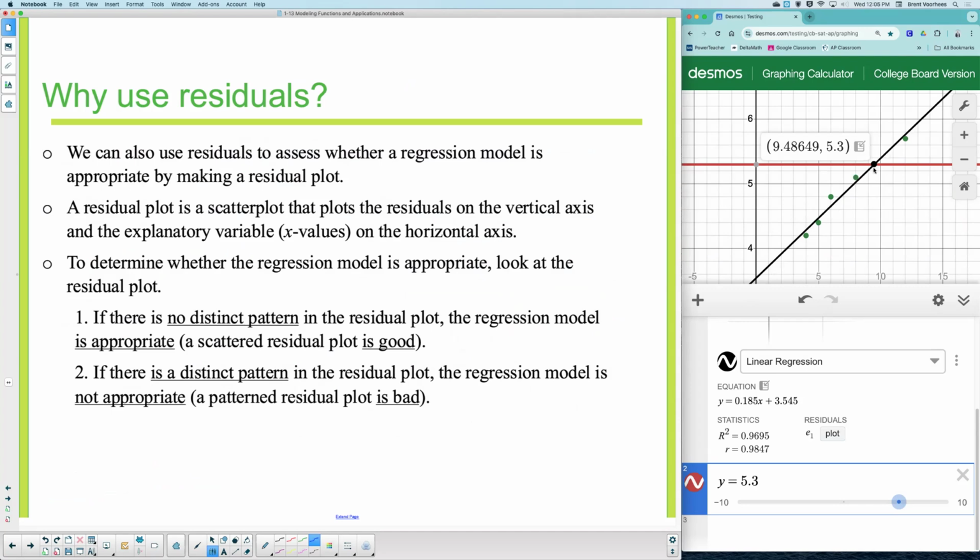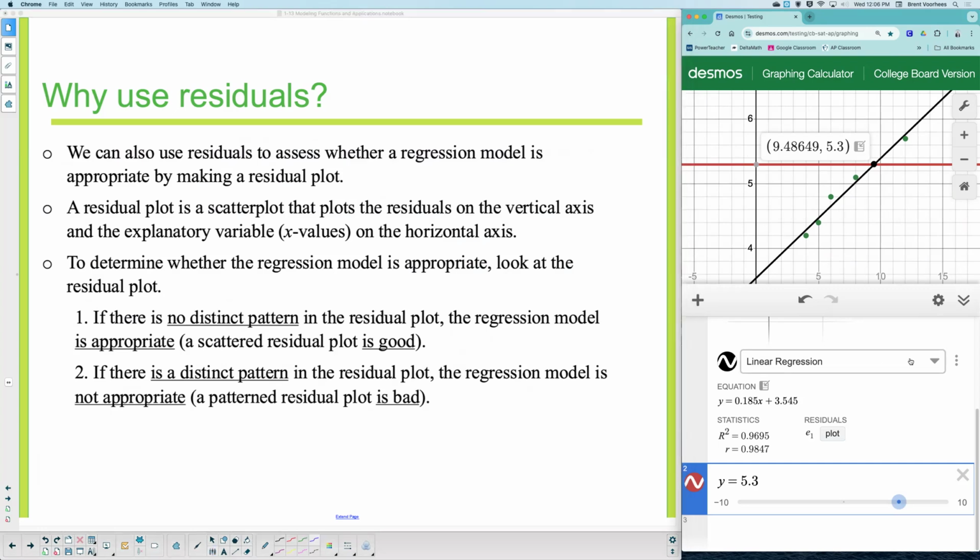Now look at this one. Do you think this line is good or bad? Just looking at the line, does the line go through most of the points decently? Yeah. So we'll see a residual that has no pattern. If your residual has a pattern, what that means is your original was not a very good equation.